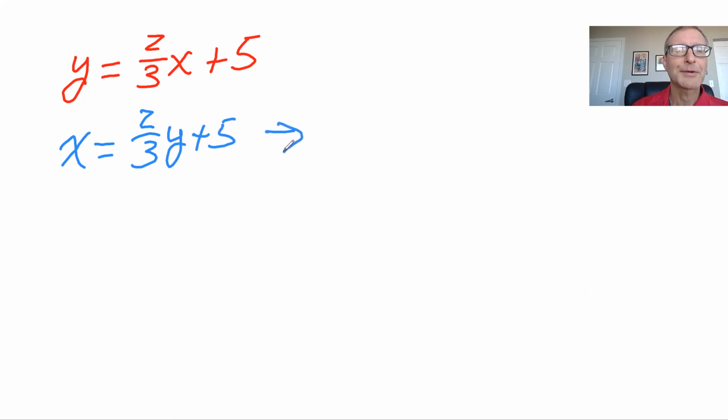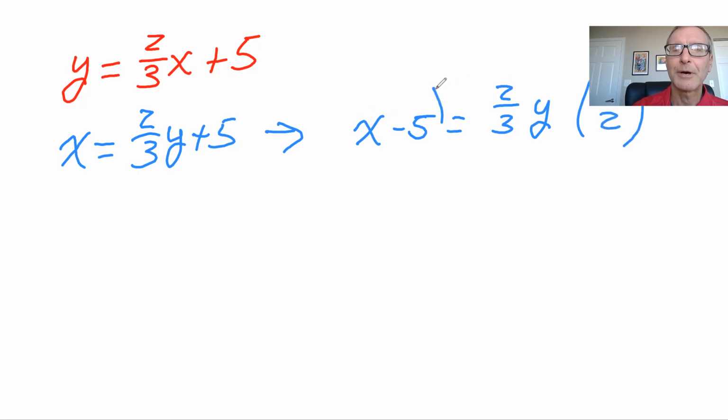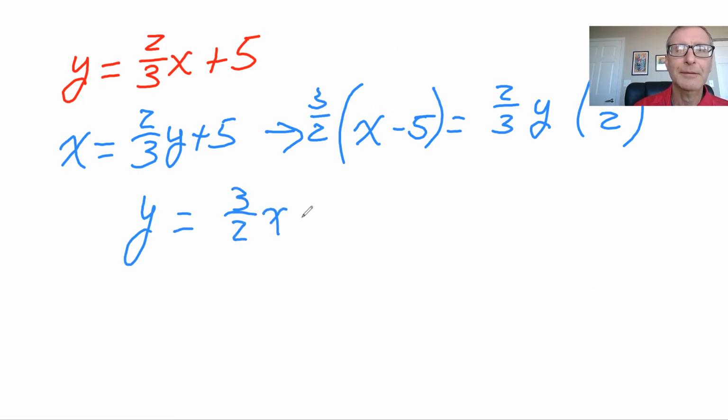We want to solve for y. Again, we isolate the variable by bringing the plus 5 to the other side of the equal sign. Then we multiply each side by 3 over 2. You end up with y equals 3 over 2 times x, minus 15/2.